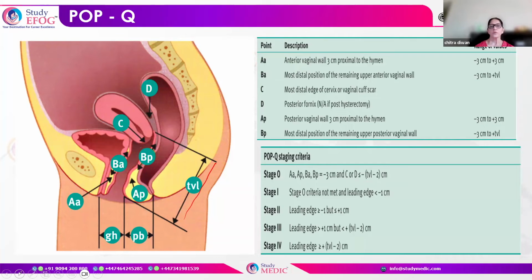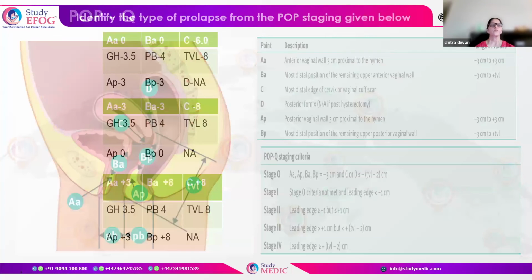And stage 4 is whenever the leading edge is more than or equal to total vaginal length -2 centimeters. That means the whole vault has everted. That is stage 4 prolapse. Okay. Pause the video here. Very carefully read all the points and you have to memorize the stages of prolapse.